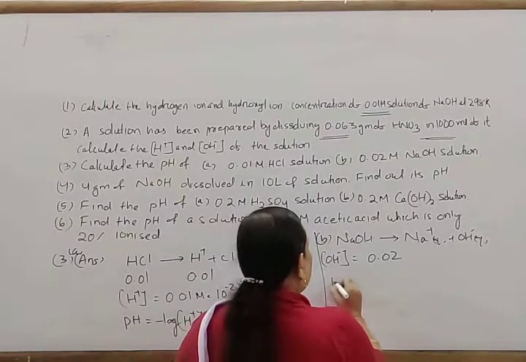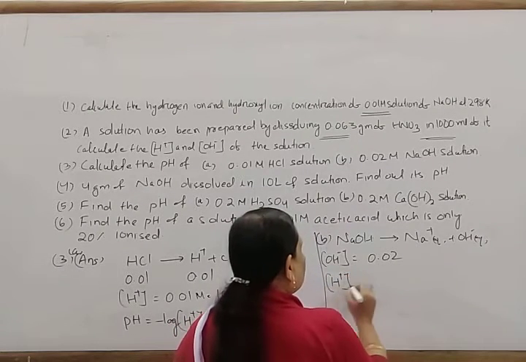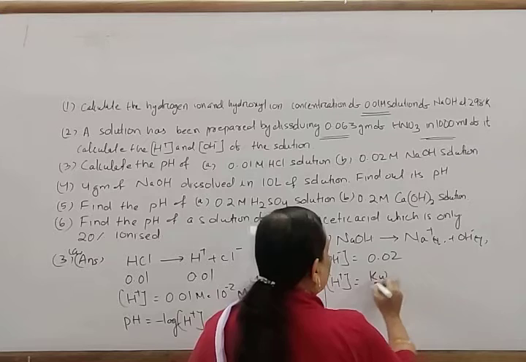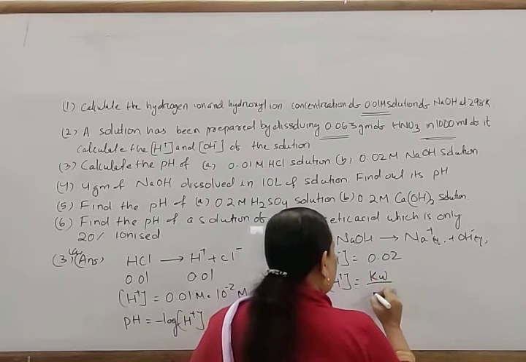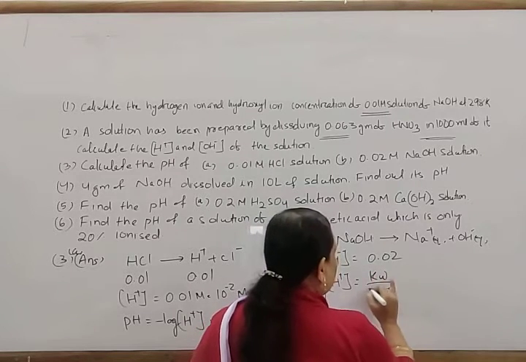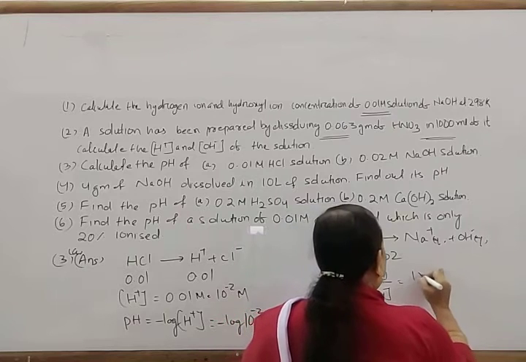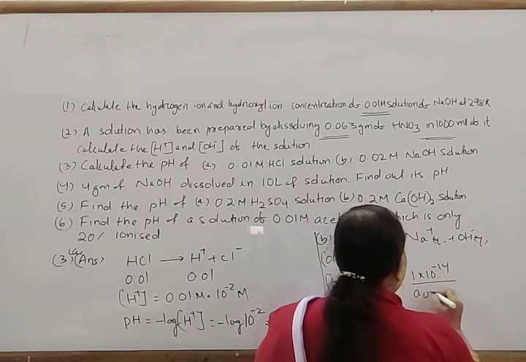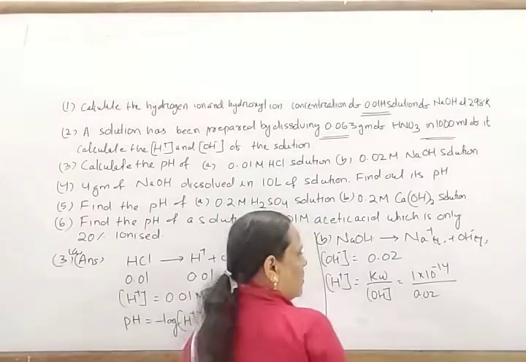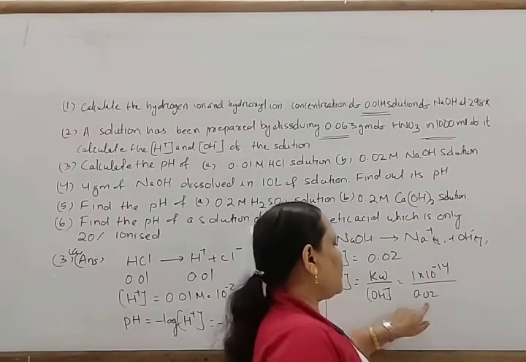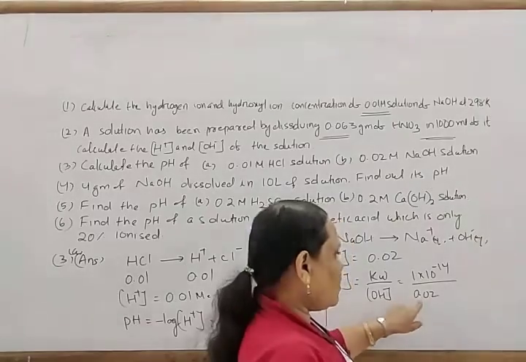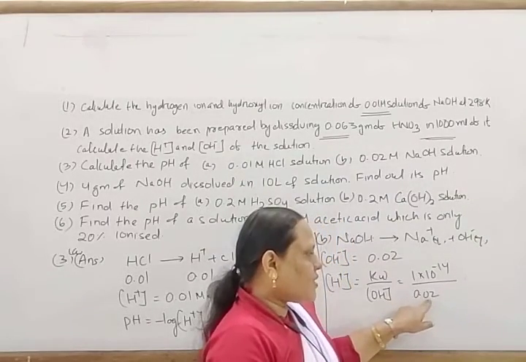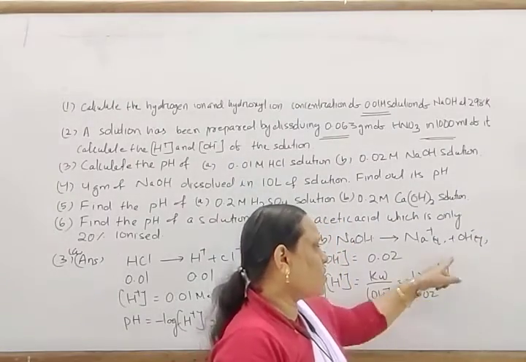Now H plus is Kw by OH minus concentration, that is 1 into 10 to the power minus 14 by 0.02. 0.02 means 10 to the power minus 2, so minus 2 comes here.